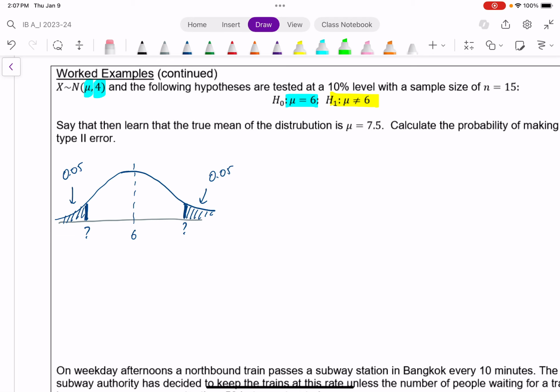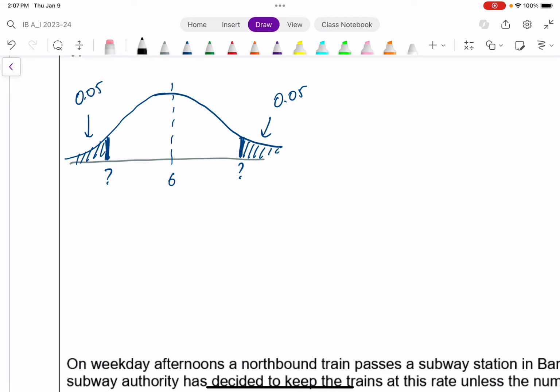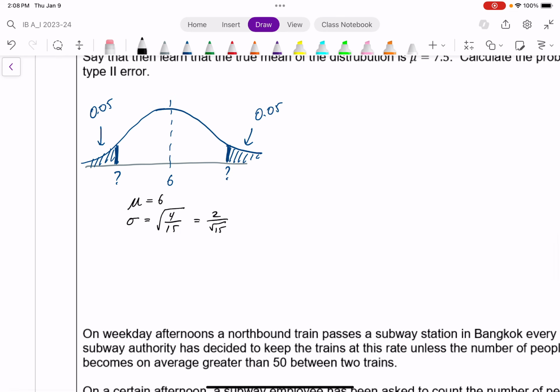We're looking at a sample of 15. So while our mean we are going to use as 6, the standard deviation is going to be the square root of the variance, 4, divided by the sample size, or in this case, 2 over root 15. And that's what I want to use for this.